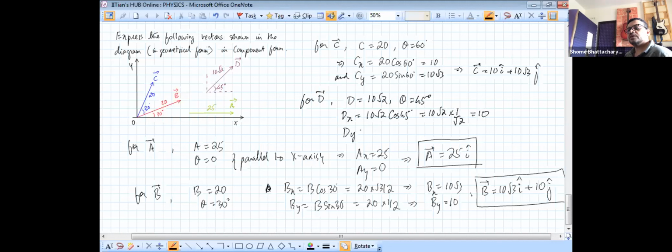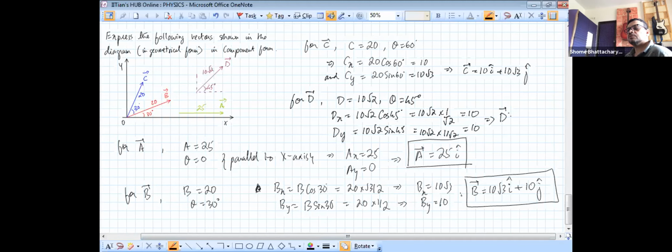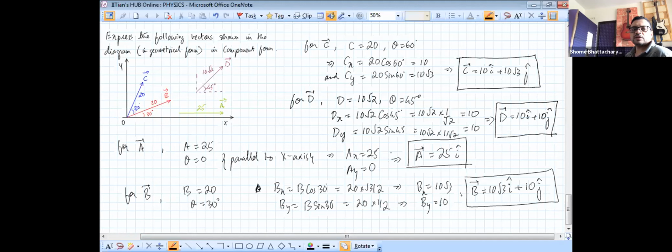And the y component is 10 root 2 sin 45, which will be the same, so that will also be 10. So the vector D expressed in component form will become 10 i cap plus 10 j cap. So these are the four vectors expressed in component form. Just take a minute to go through this carefully, and every one of you, ask me if there's any doubt with any of the parts.